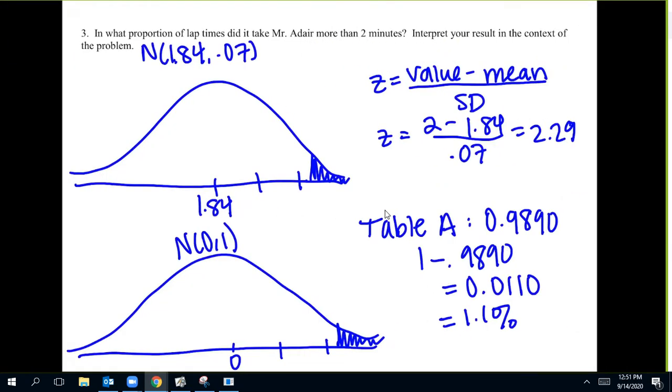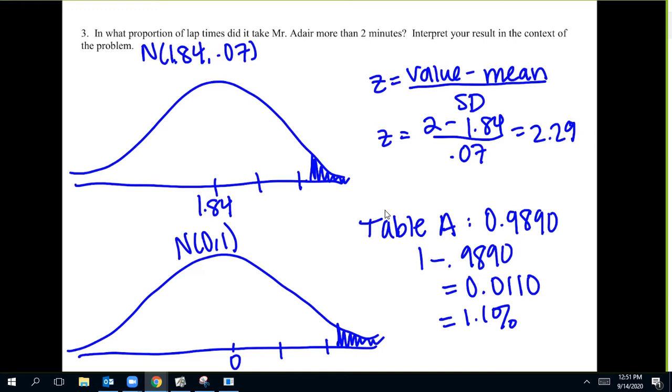For number 3, did it take more than 2 minutes? So I have my unstandardized curve with the notation shaded. I have my z-score formula with the answer. Then I have my standardized curve labeled and shaded as well with the notation. And then I use table A with that z-score to find the answer.